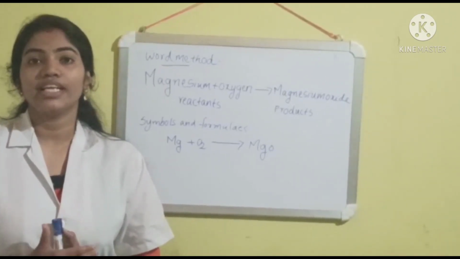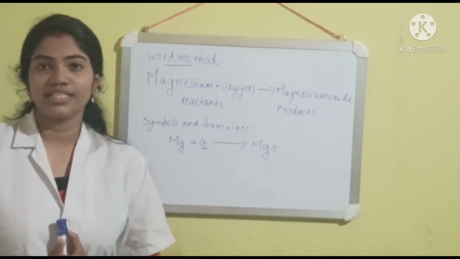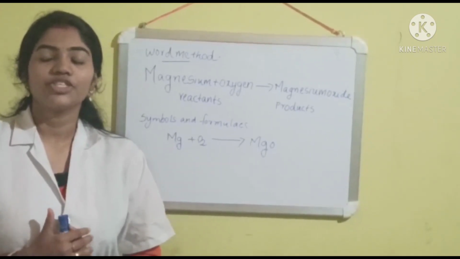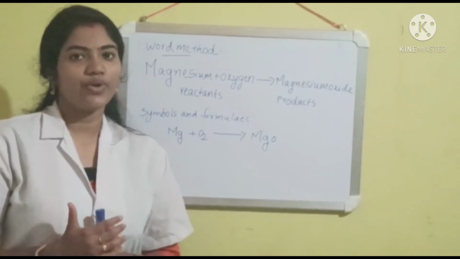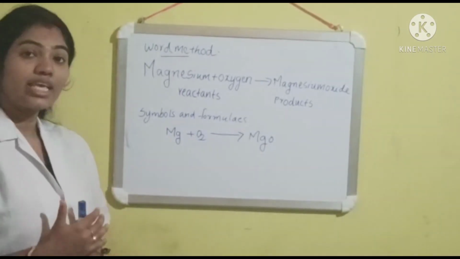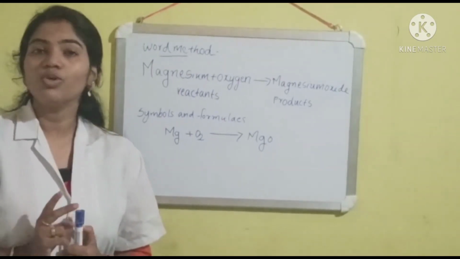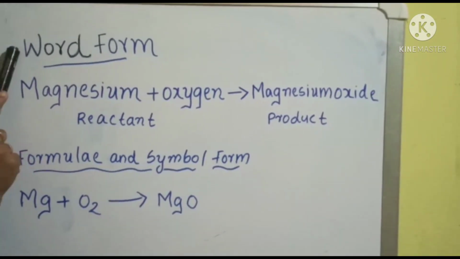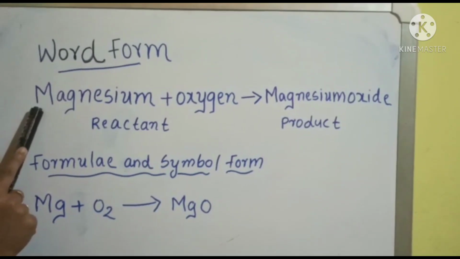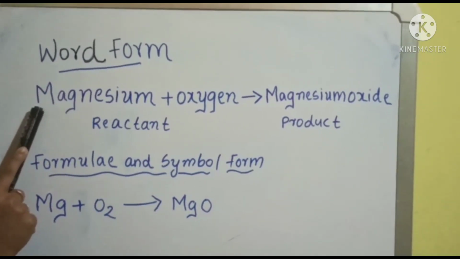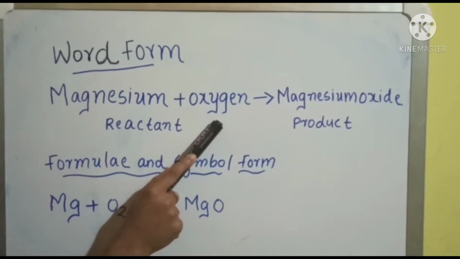As we have to study a lot of chemical reactions, we use a shorthand method, that is, a chemical equation. We can write the chemical reaction in two methods. First is word form. This is the word form representation of the chemical reaction between magnesium and oxygen.